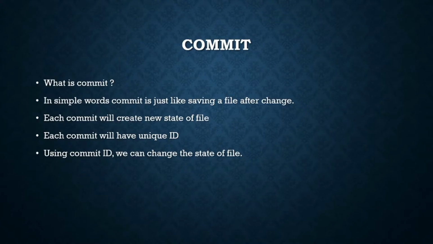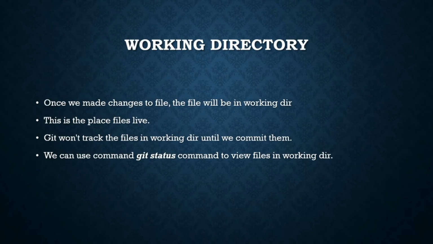Alright, now let's move to the working directory. As the name indicates, the working directory is a place where we will be making changes to the file, where we will be adding or deleting files. What I mean is, when we make some changes to a file, the file will be in the working directory. The changes we make in the working directory will not be saved to Git until we commit them.